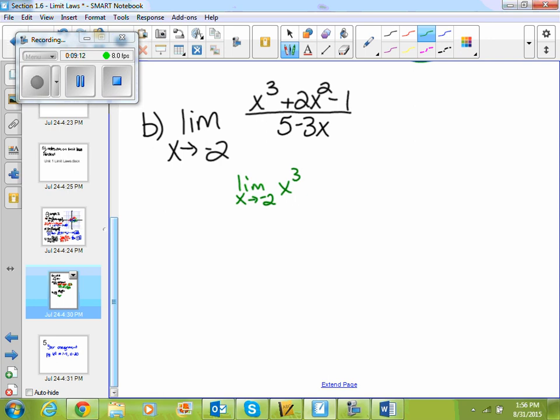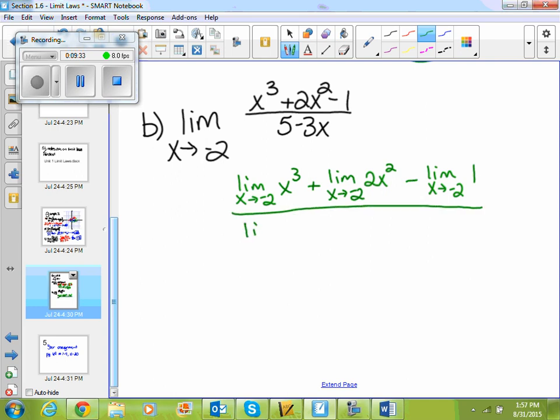So the limit as x approaches negative 2 of x cubed plus the limit as x approaches negative 2 of 2x squared minus the limit as x approaches negative 2 of 1, divided by the limit as x approaches negative 2 of 5 minus the limit as x approaches negative 2 of 3x.